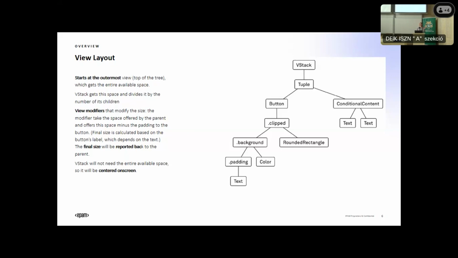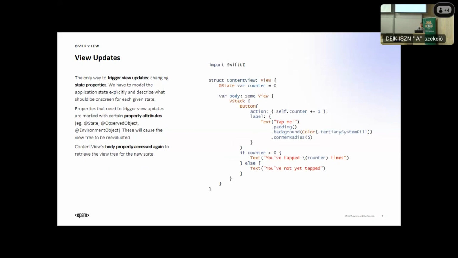This is how the sizes are calculated, but there are often times when the available space is not used. This is when it's centered on screen, like you saw in the first video. Now, how are the views updated? There's only one way in SwiftUI to trigger view updates, and it is by changing state properties like the counter variable on the top.